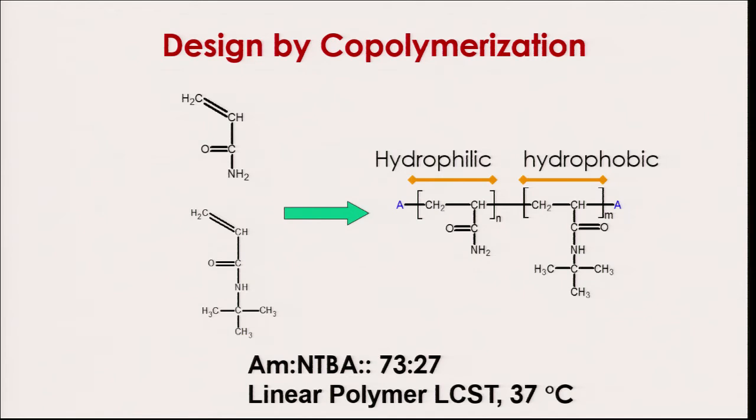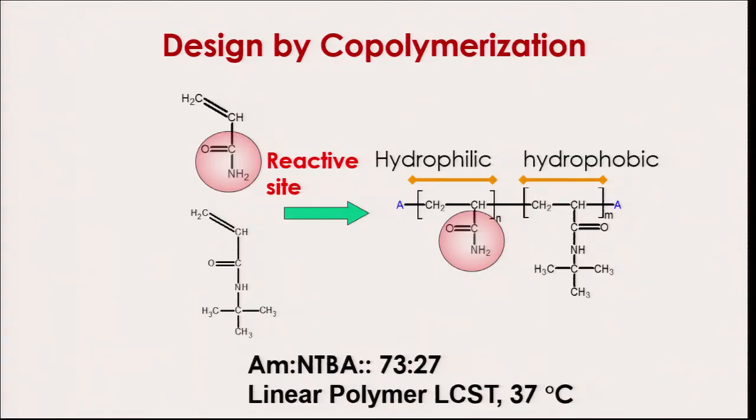The copolymerization can be carried out by choosing different proportions of these monomers. At a ratio of about 73 to 27 acrylamide to N-tertiary butyl acrylamide, one is able to obtain a random copolymer which has a transition temperature of 37 degrees.